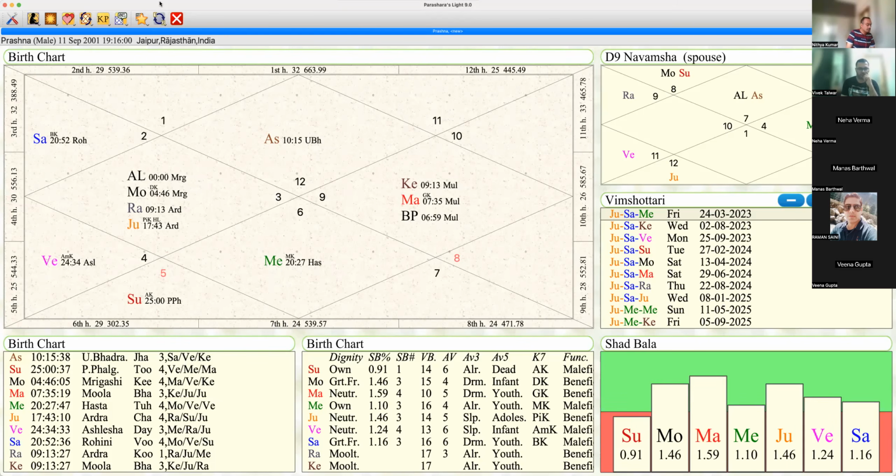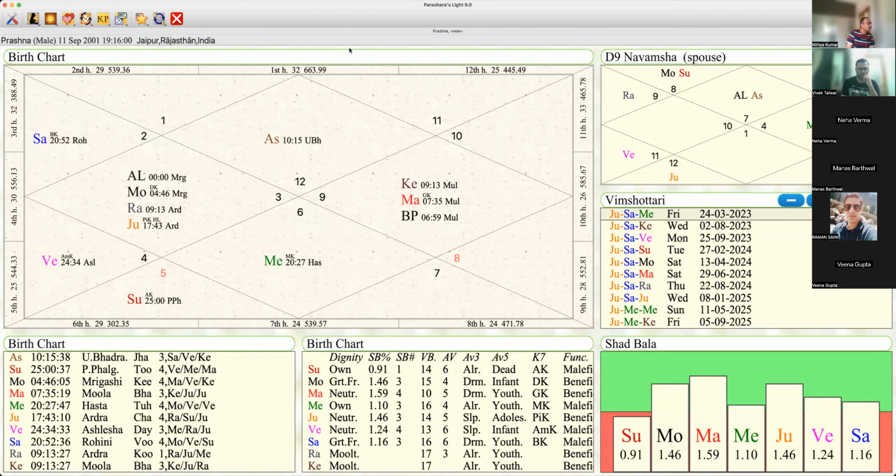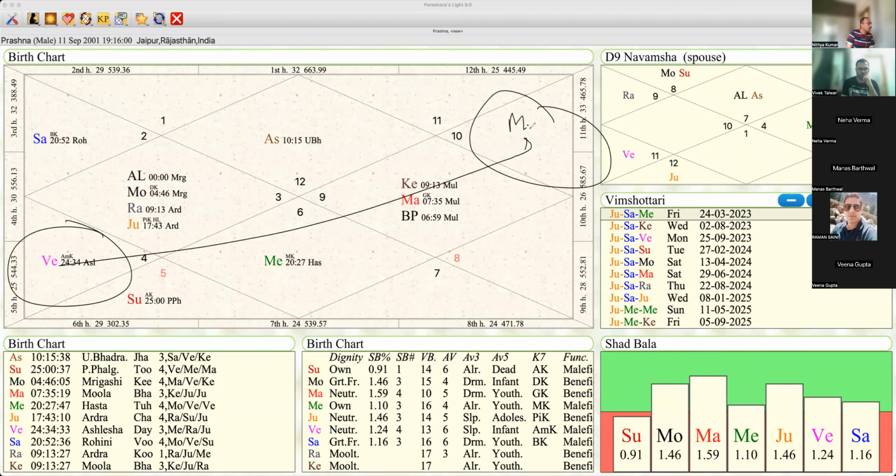And the Lord of the eighth house is Venus, and third house is also Venus. And this Venus is a Ati Marak Graha, sitting in the fifth house, aspecting the 11th house, the house of masses.